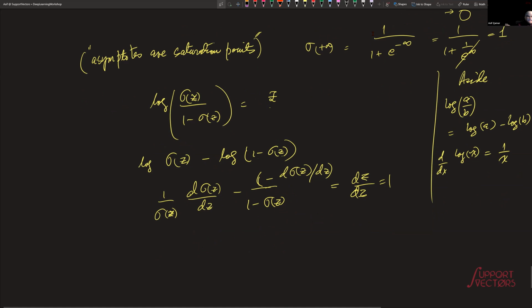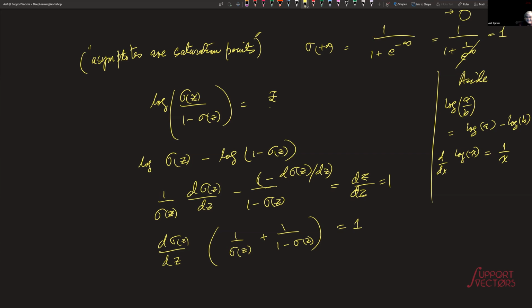This is a little bit of calculus, by the way. If you don't get it, it doesn't matter. I'm just giving it for those of you who are interested. If you just take out d sigma(z)/dz, you have 1 over sigma(z), and then there's a plus sign here, plus 1 over (1 - sigma(z)), is equal to 1.